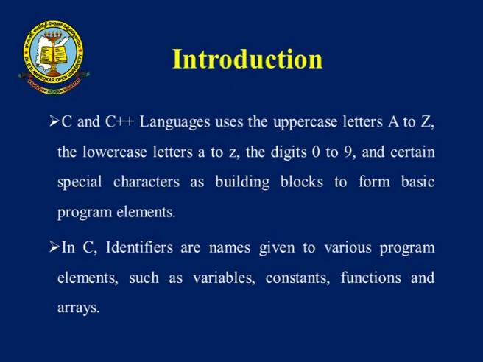Apart from this, C language also uses the digits 0 to 9. Apart from all these, it also uses some special characters as building blocks to form the basic C language program. These are called program elements of C.